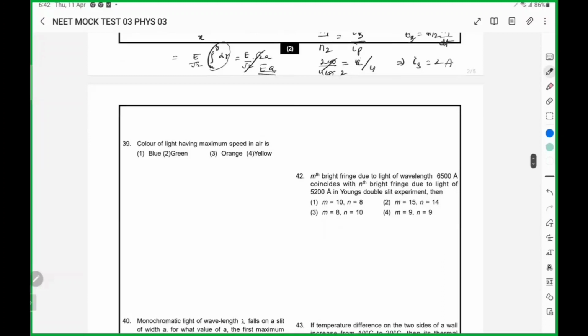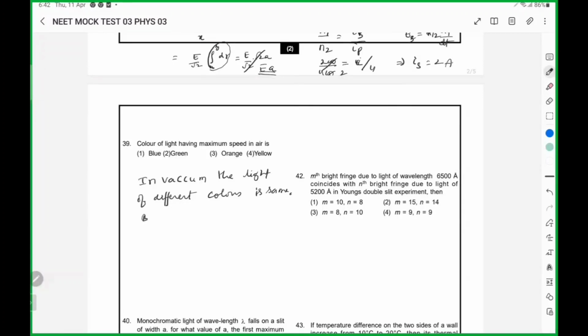So which color of light has maximum speed in air? In vacuum, the light of different colors has the same speed. Sorry, in vacuum, the light of different colors is the same.